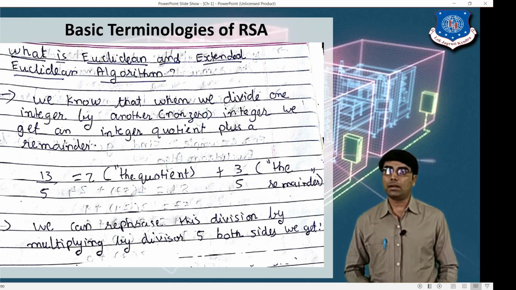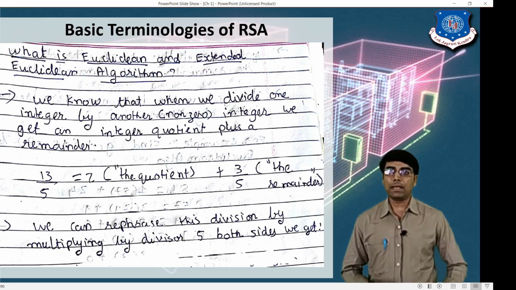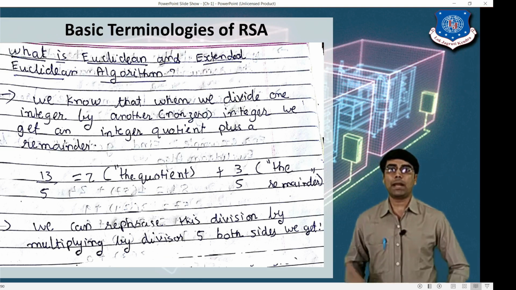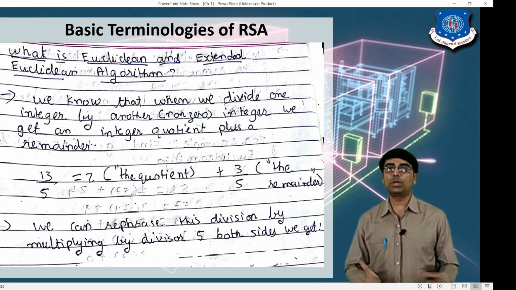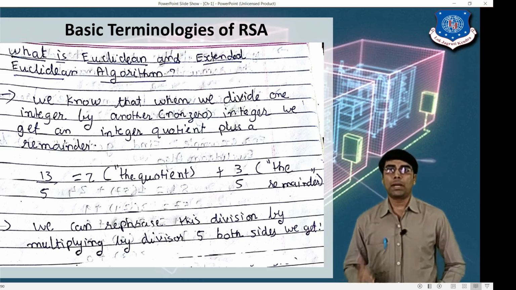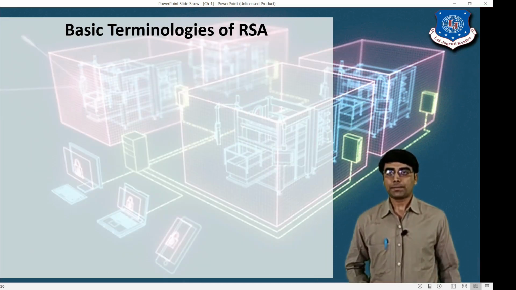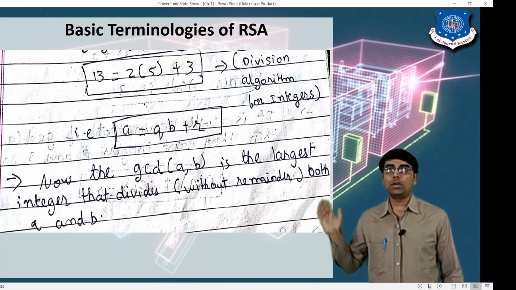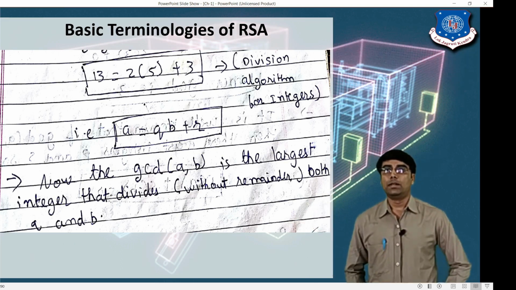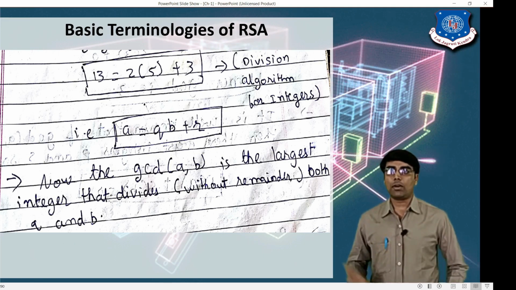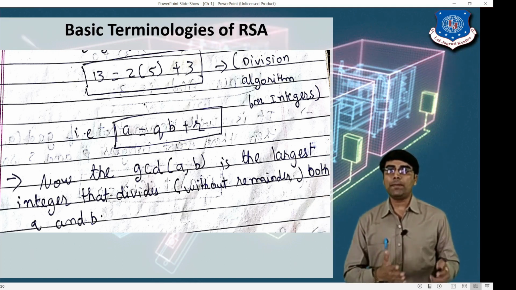If you do this, you will get quotient 2 and remainder 3. Now we can rephrase this division by multiplying by the divisor 5 on both sides, so you get 13 equals 2 times 5 plus 3. Now if we write it in equation form, A equals QB plus R.